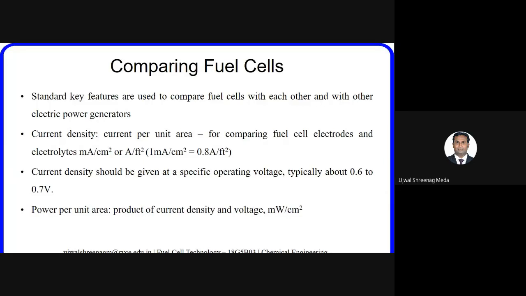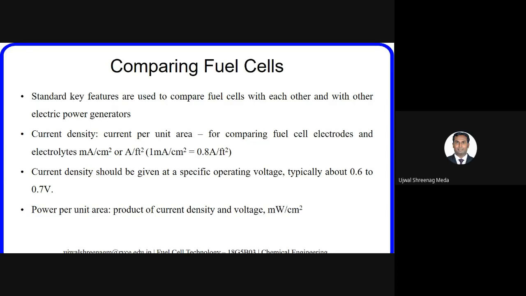And what are the units? Milliampere per centimeter square or ampere per feet square. And usually when current density is expressed, the associated voltage should also be mentioned. In general, on an average, this voltage will be between 0.6 and 0.7.